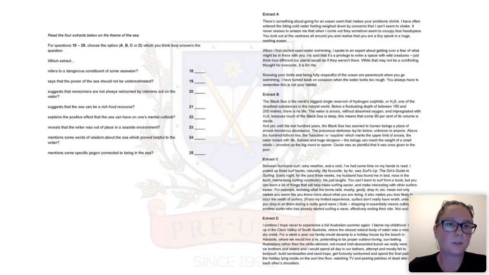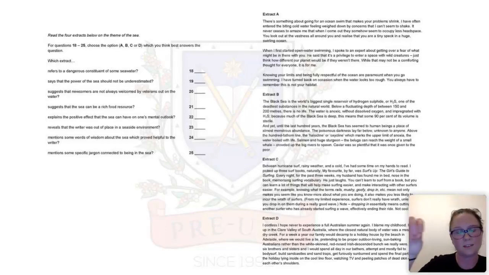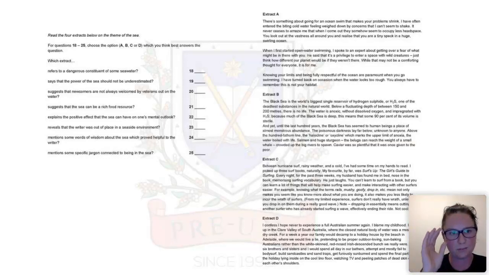So it asks them to look at which extract matches with each one of those clues. They're not like the gap text in that the sentences do not belong word for word, like they have not just been extracted from the text and put to the side. These are paraphrased information that needs to be worked through.